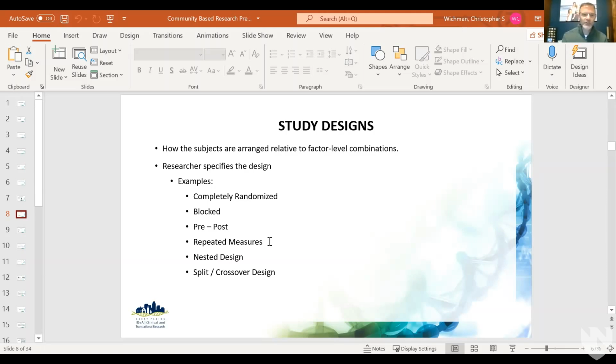In a crossover design, all subjects, all study level subjects, get every level of the intervention or every level of the condition. It just depends on what order or what sequence they get them. So in those designs, we have some things we have to worry about, like the period effect, the sequence effect, washout periods, things like that.